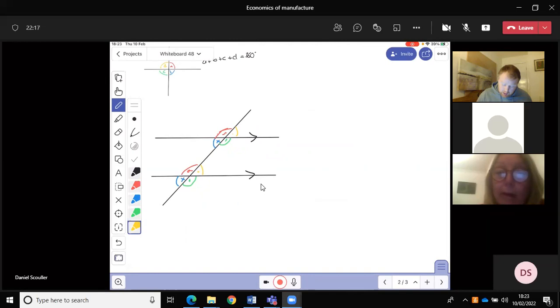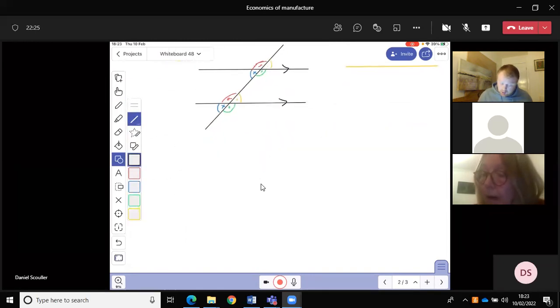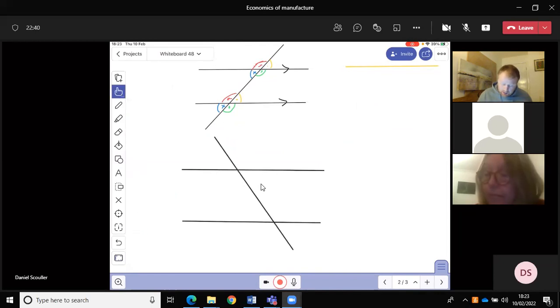So let's just draw another one to demonstrate that as well. Just draw underneath two more parallel lines, with a line intersecting them this time. There's also a sort of Z angle rule as well.